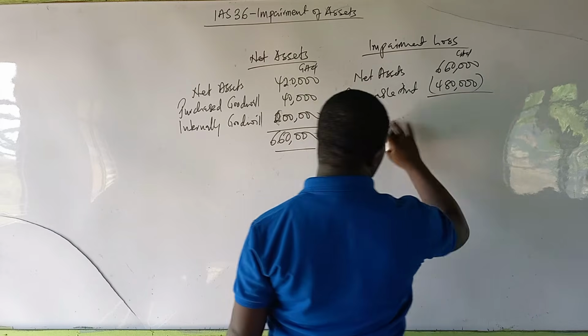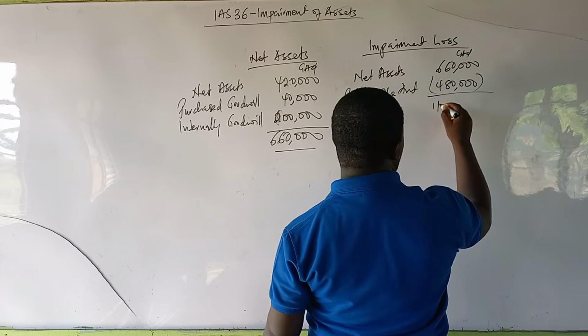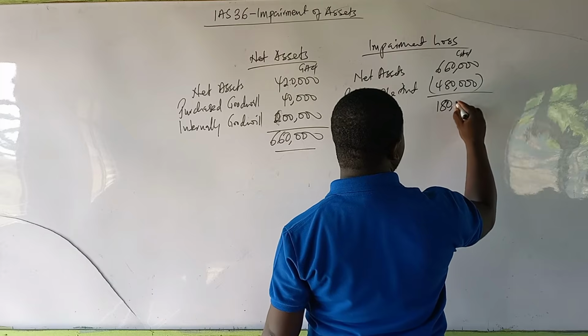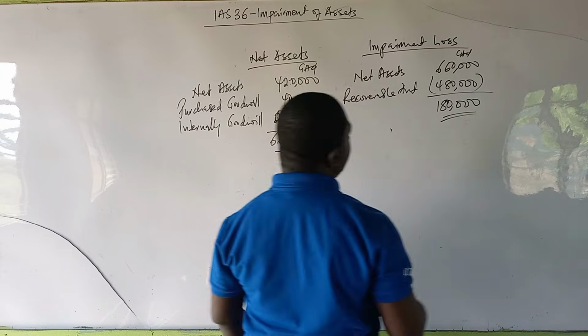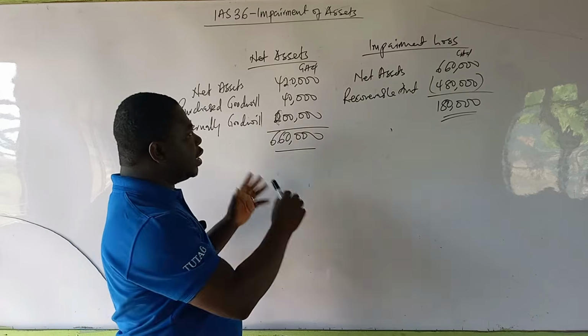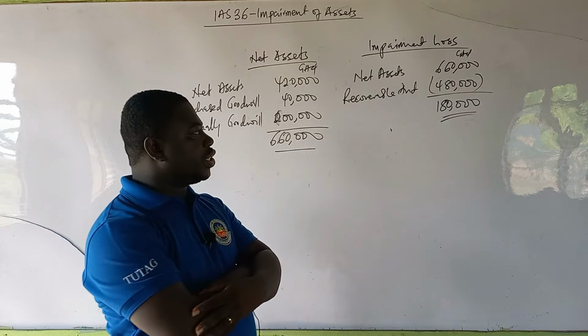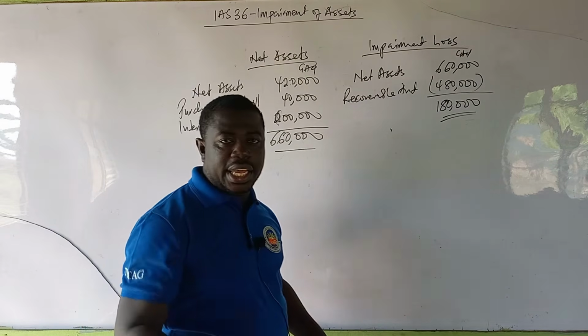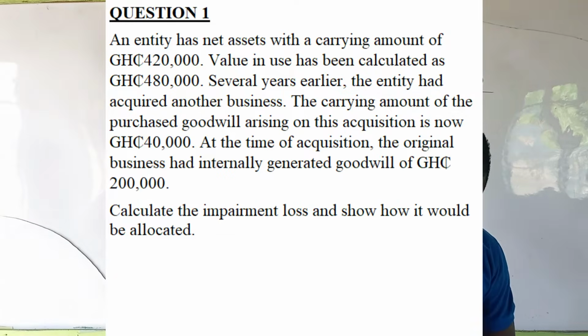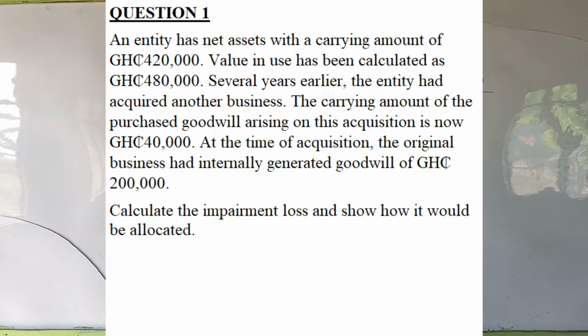That is for the value in use. And so when we subtract, we have 180,000 Ghana cedis for impairment loss. This is a nice way to do your presentation. So after you have this, the next sub-question is to show how it will be allocated.